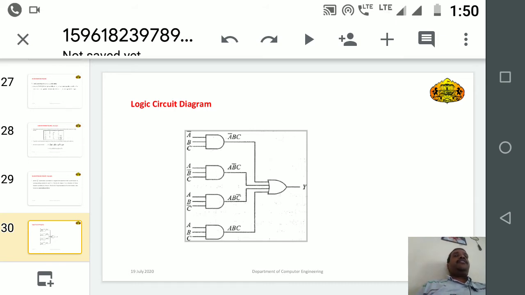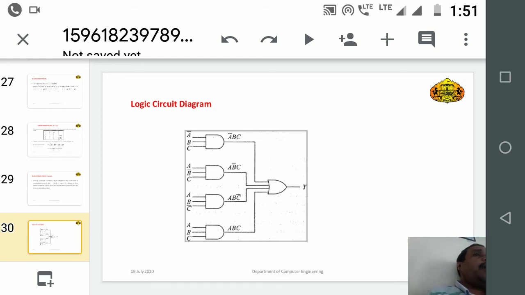So this is equivalent to 3, and for 3 you get the output. What are the second AND gate inputs? A, b bar, c. So a is 1, b is 0 and c is again 1, which is equivalent to 5. So here you observe that the output is present only for 3, 5, 6 and 7.